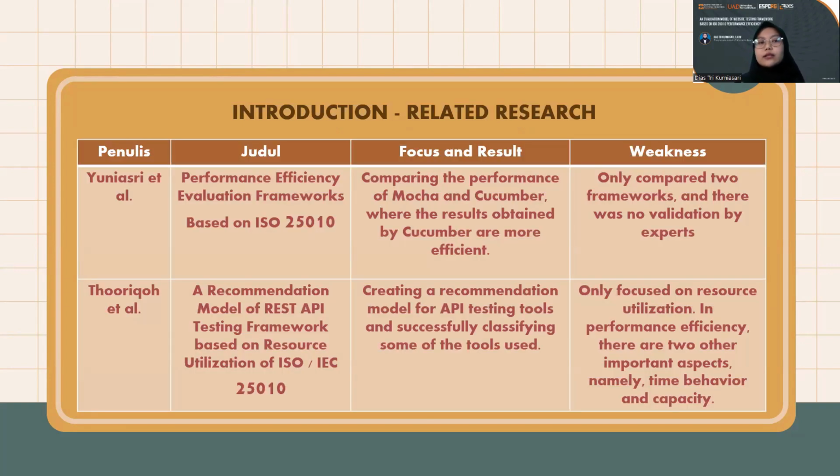There are two related studies by Kurniasari et al. and Toriko et al., titled Performance Efficiency Evaluation Framework based on ISO 25010 and Recommendation Model of REST API Testing Framework based on research utilization of ISO 25010. They got good results, but they have limitations. Kurniasari only compared two frameworks, Mocha and Cucumber, and there was no validation by experts.